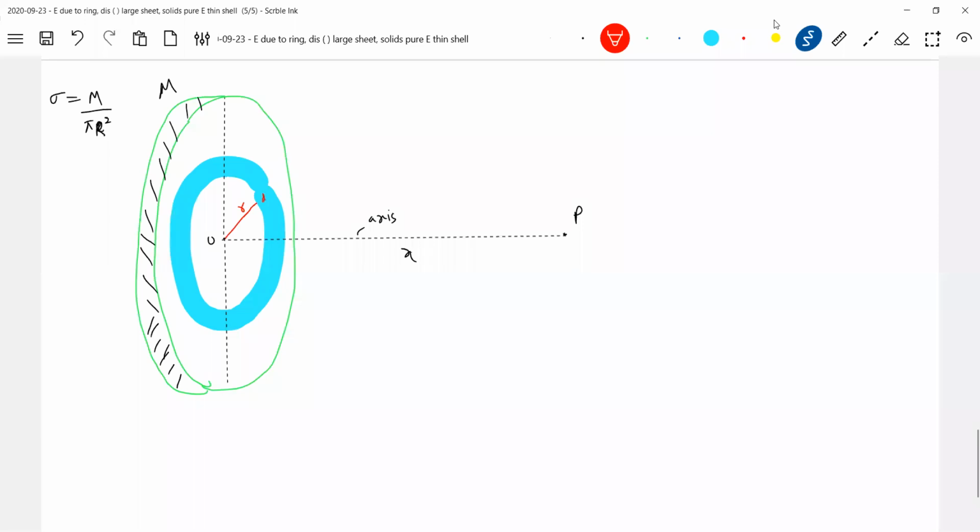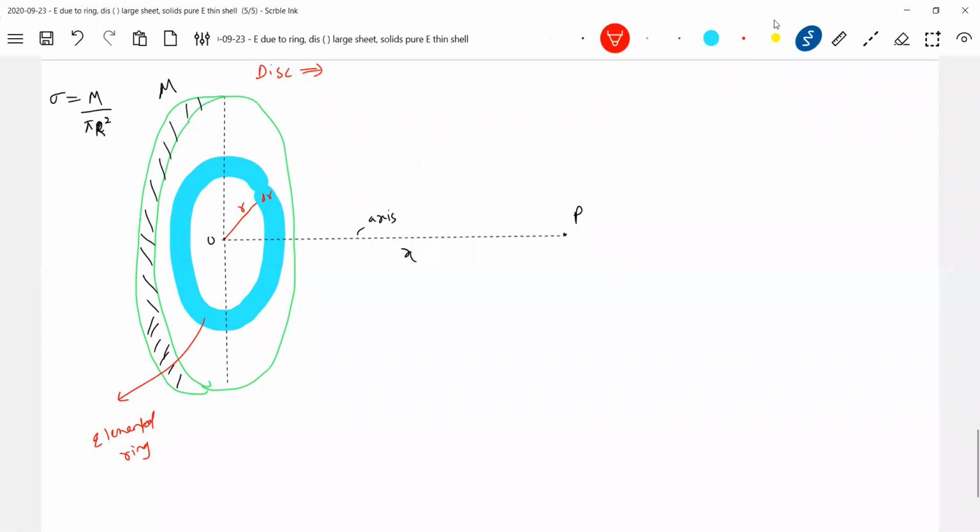The thickness of this, let it be dr. That blue color one is the elemental ring, and this is the disk.